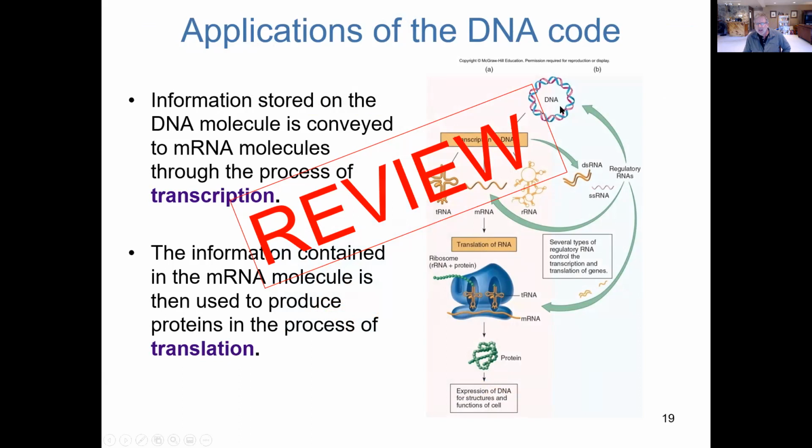So here we see the DNA in the chromosome. We're going to talk in just a few moments about a process called transcription. And again, I apologize for the review word blocking some of this, but that's what it says, transcription of the DNA.